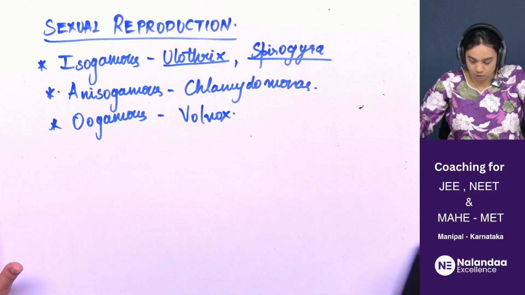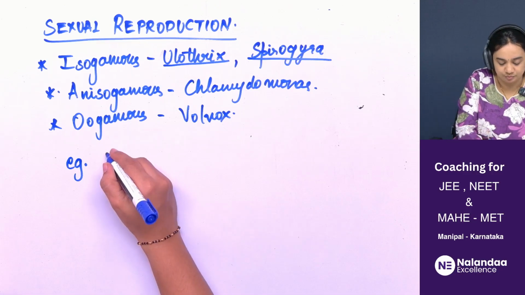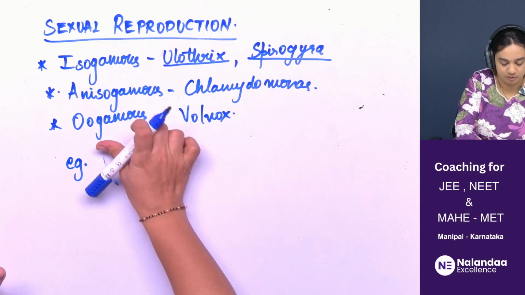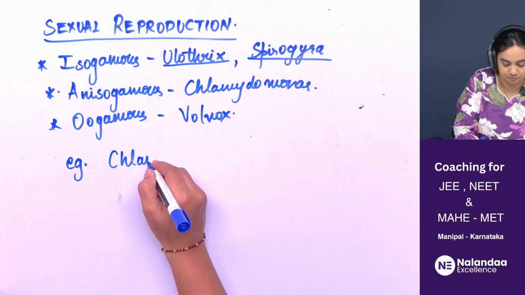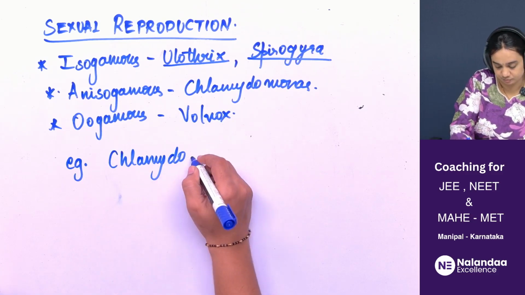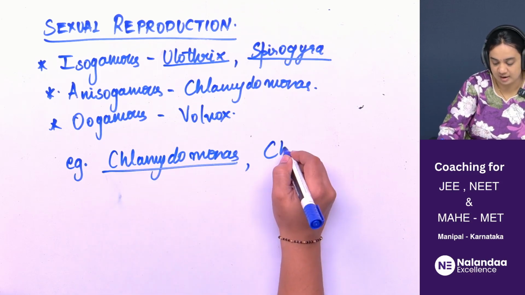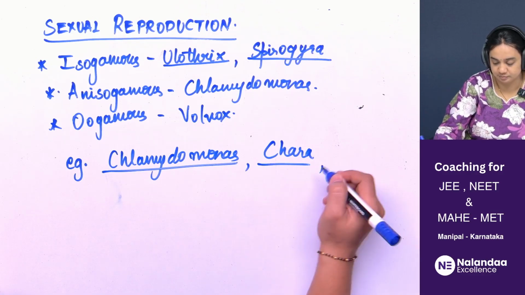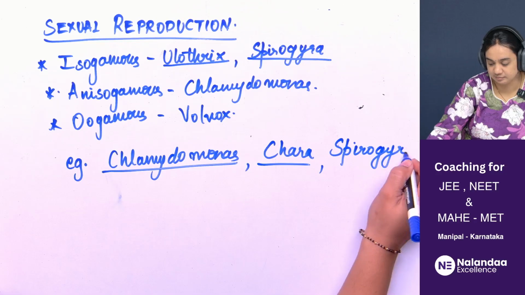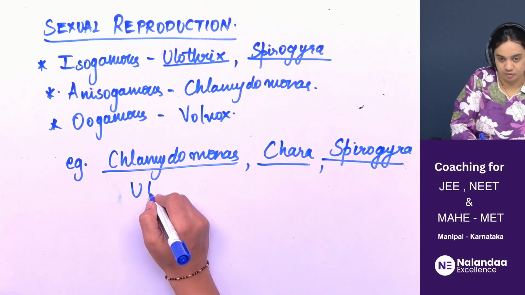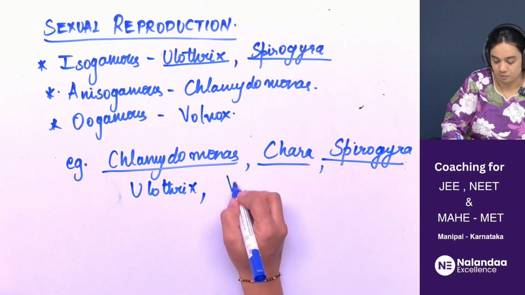and examples of class Chlorophyceae. We already have seen many examples, so you can write Chlamydomonas is one, Chara, Spirogyra, Ulothrix, Volvox.